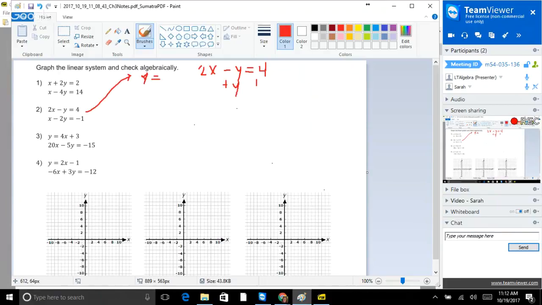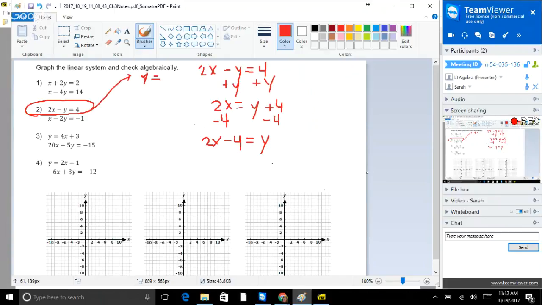Okay, so then we have 2x equals y plus 4. And then we'll subtract 4 from both sides, and we will end up with 2x minus 4 equals y. So this is my first equation, my red equation. All I've done is transform it to make it a y equals.